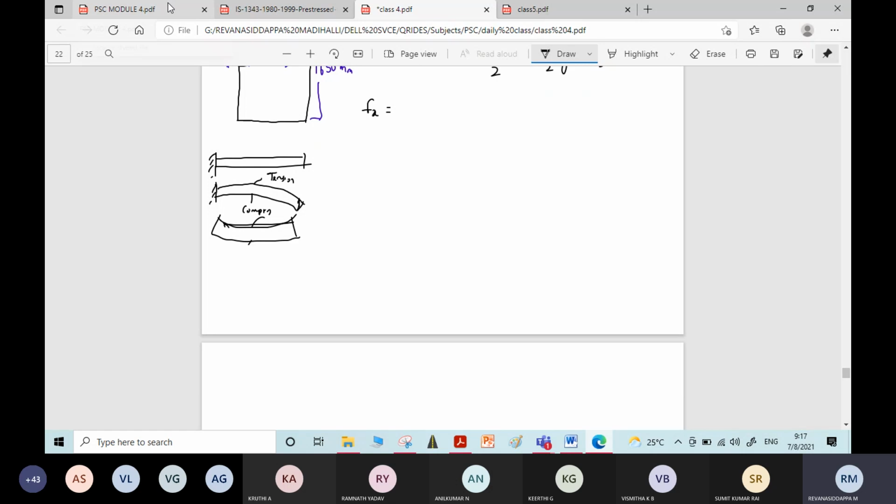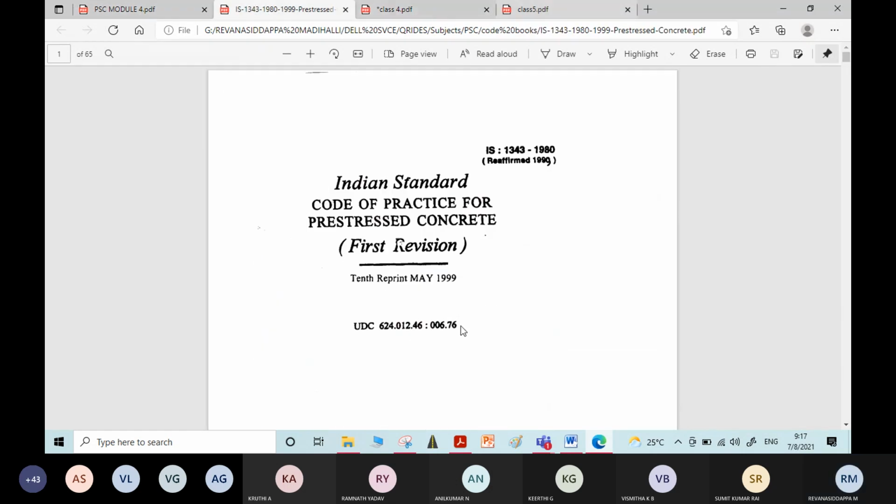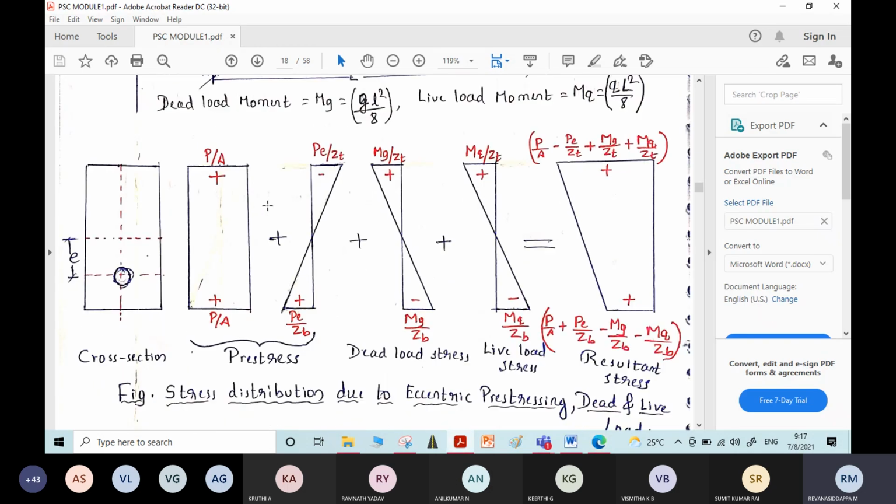Whatever formula is given in module 1 is with respect to a simply supported beam, where top compression and bottom tension are considered, and the respective formulas are formulated.